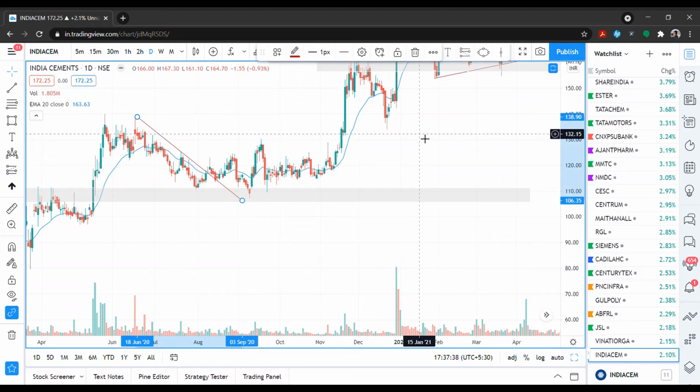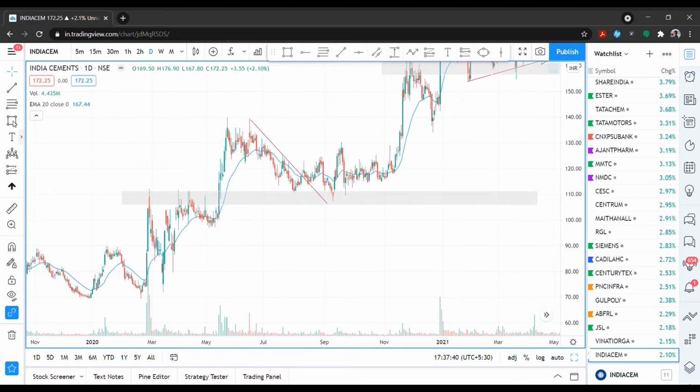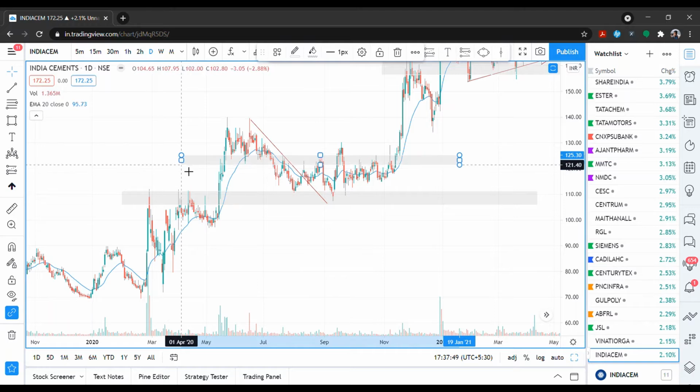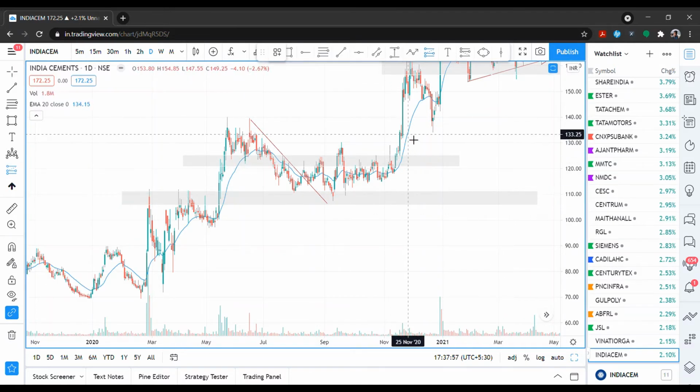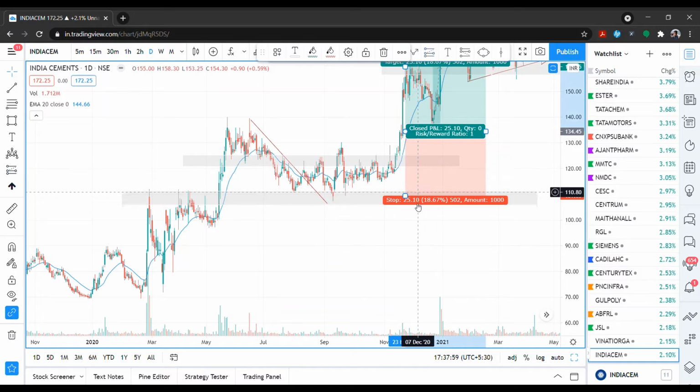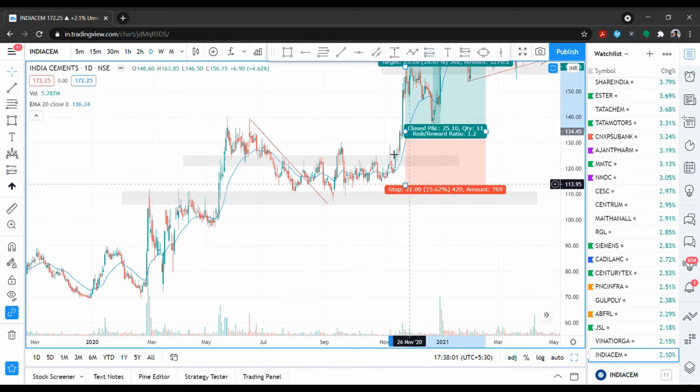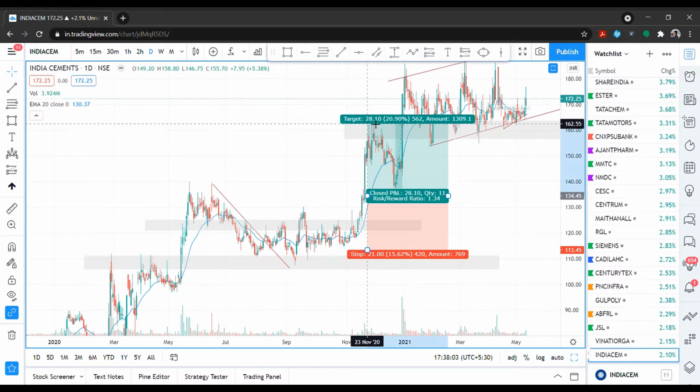But as soon as the price bounces from these levels, and you know that this is a level of resistance, we have 1, 2, 3, 4, 5, 6, 7 times this level is being respected in the market. As soon as that level is broken, I'm entering the trade with my stop loss below this swing low, and I'm booking my target at an RR of 2.